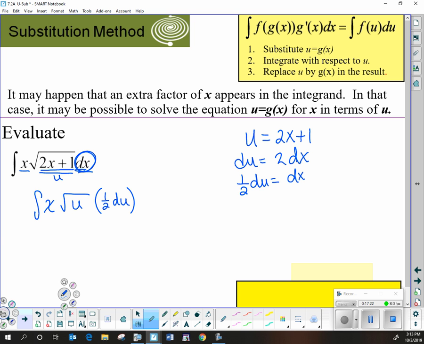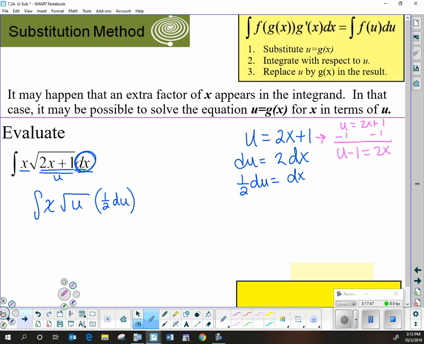That's not good. So, how do I fix that? Well, it just so happens that this becomes a very easy equation to solve for x. I can solve for x, it'll be in terms of u. So I have u equals 2x plus 1. So I will subtract 1 from each side. U minus 1 equals 2x.